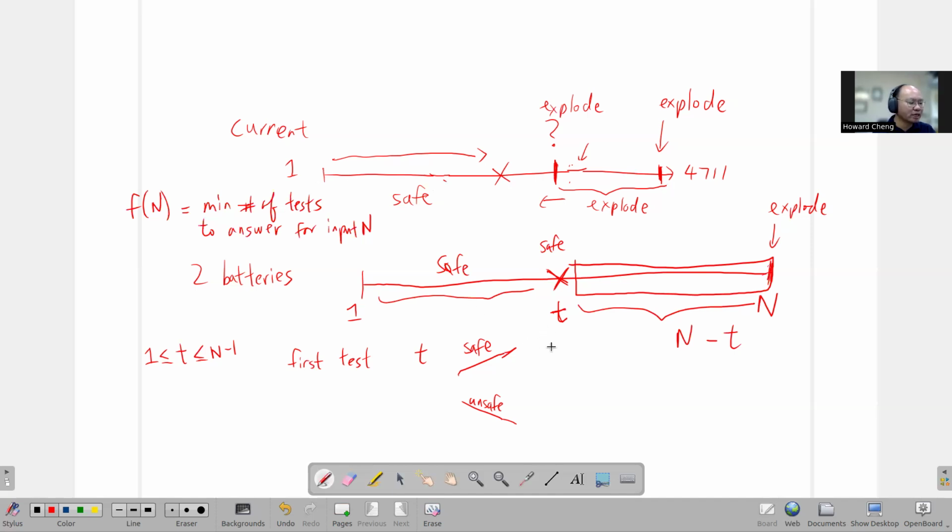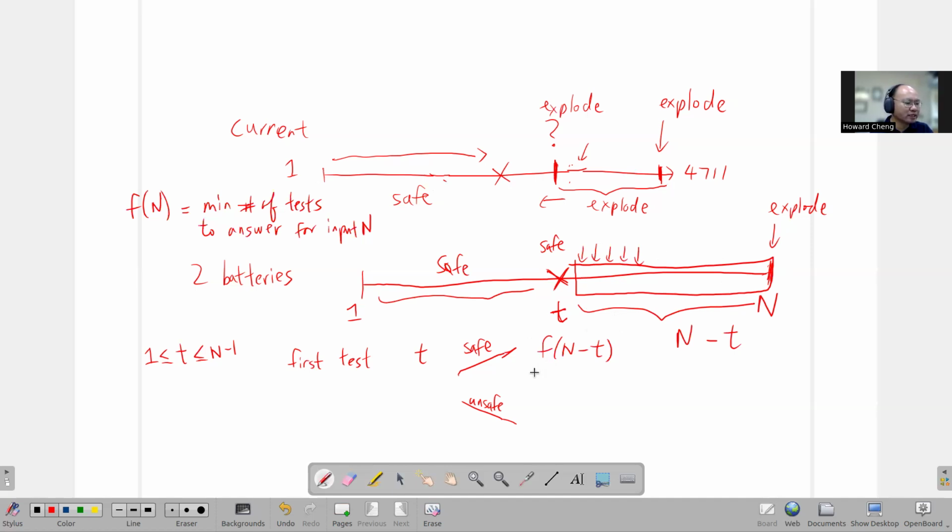Then I am reducing. With one test, I'm reducing the problem to a smaller problem that looks the same, right? I still have a range where I don't know anything about the numbers before that, and I know that the last one is going to be exploding, except that my range is smaller.